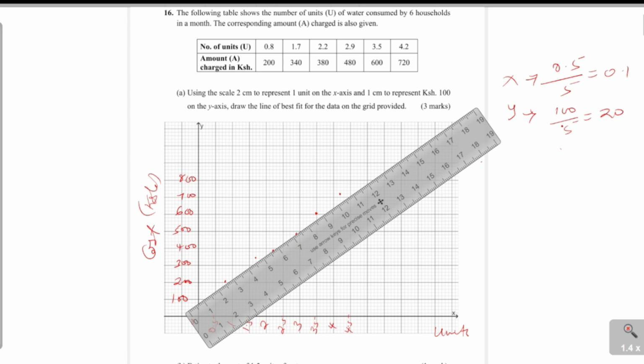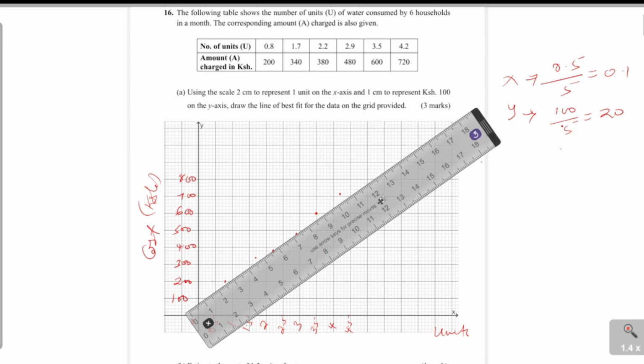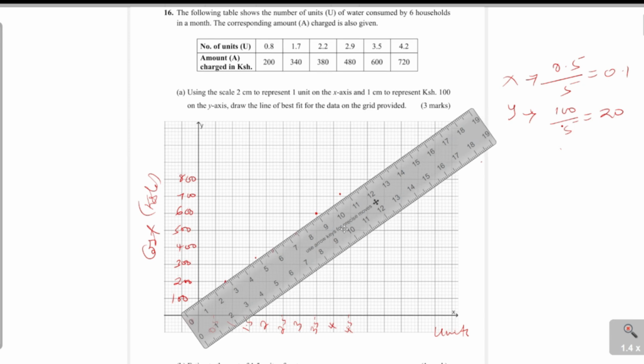So you place your ruler and try to draw. Let me see, that one will contain only 2 points. So there's another one here.